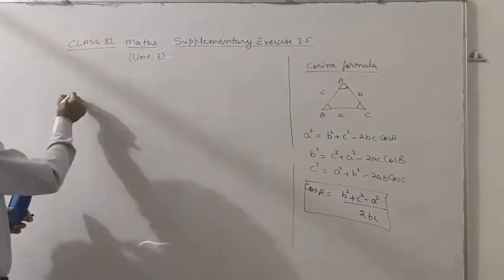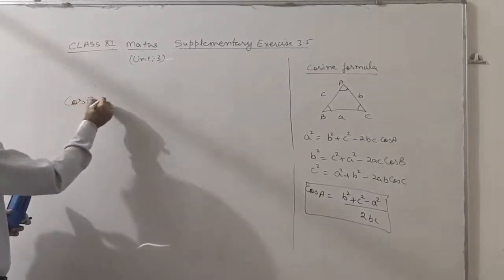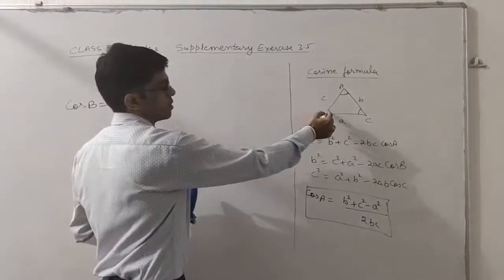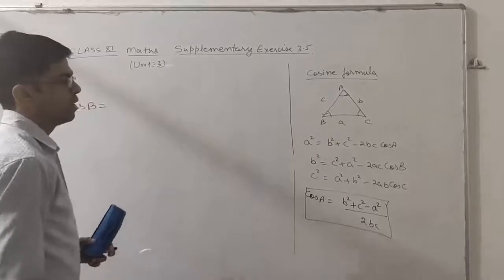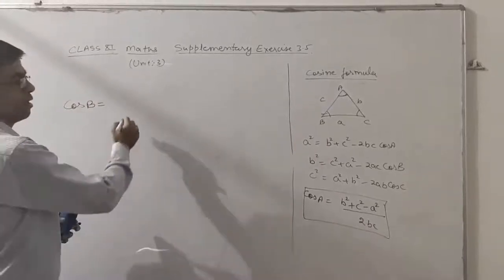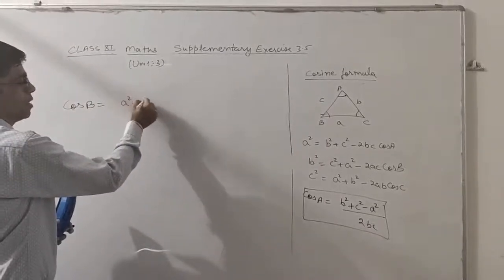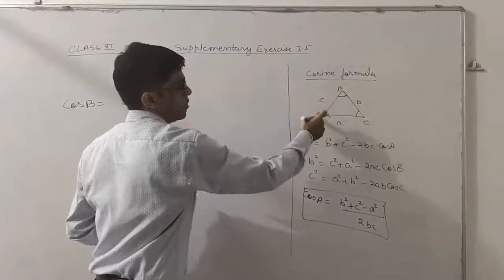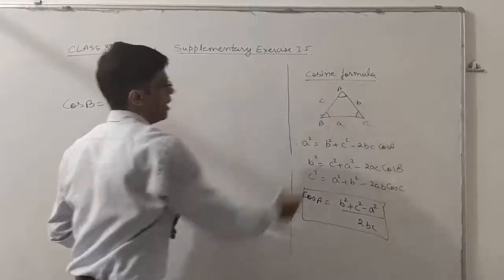Similarly, cos B will be, cos B is this one angle. So cos B we can find a square plus c square. The sides through the B angle are which? a and c.